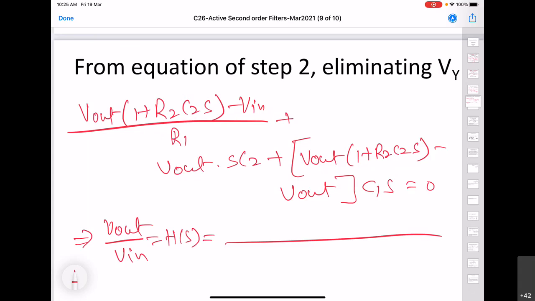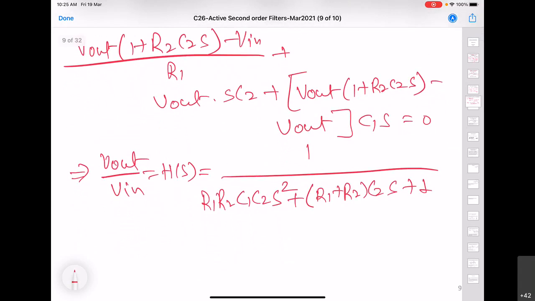When we do this manipulation, what we get is the equation 1 over R1 R2 C1 C2 s square plus (R1 plus R2) C2 s plus 1. So here you can see that we have a second order denominator and the numerator is a constant equal to 1.